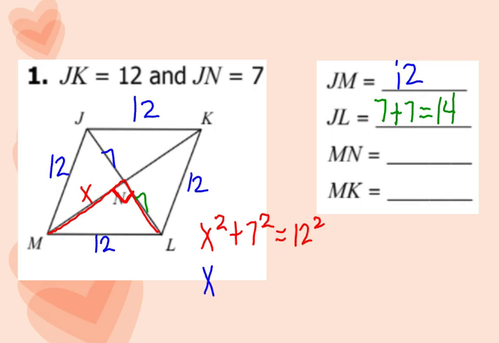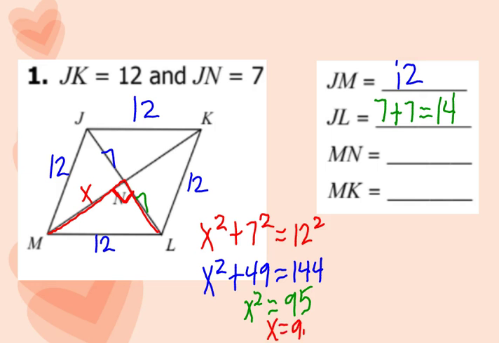So we'll get 49 plus x squared equals 144. So 9.75. 9.8, is that okay? Yeah. So we get 9.8.